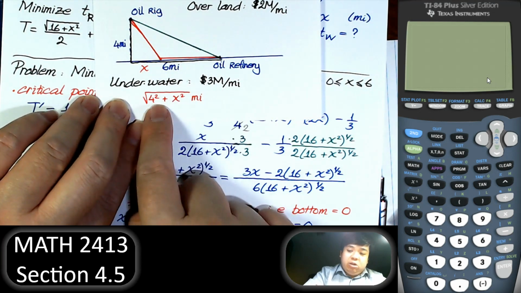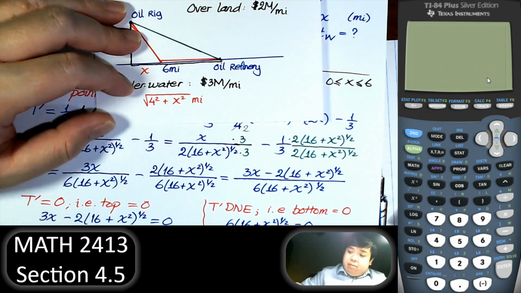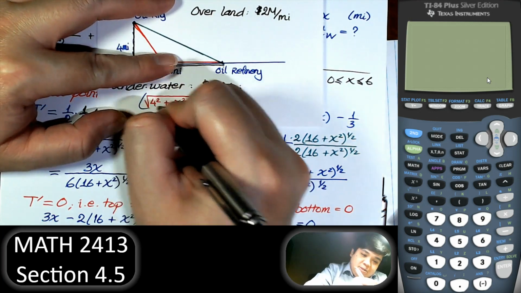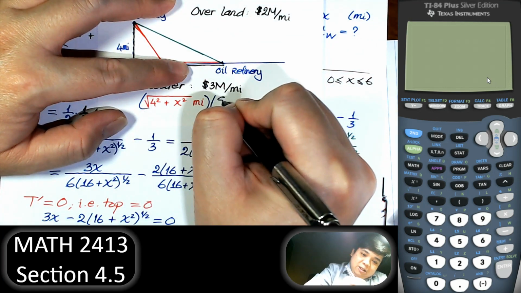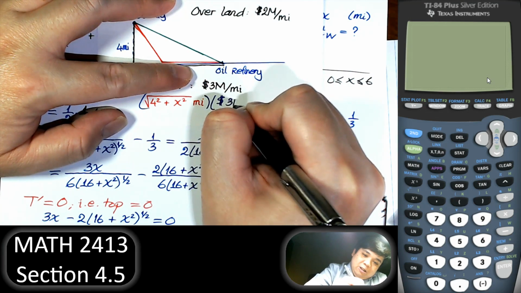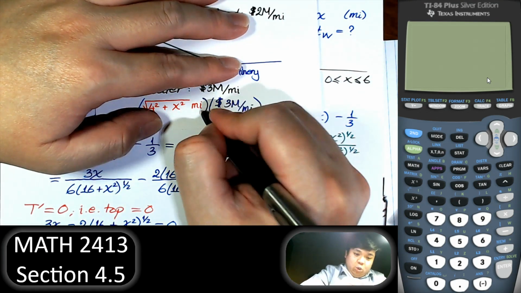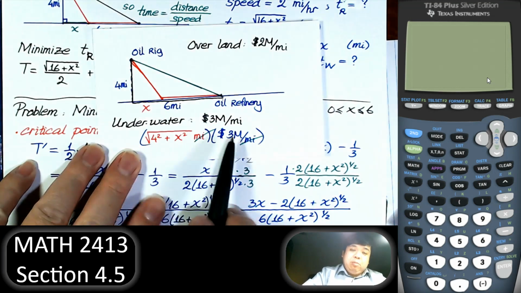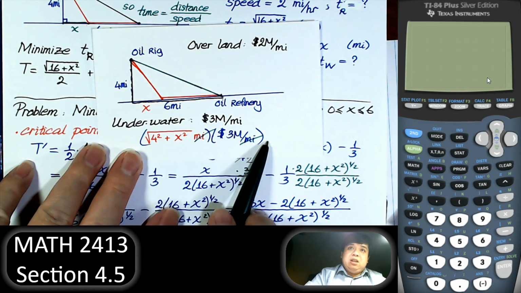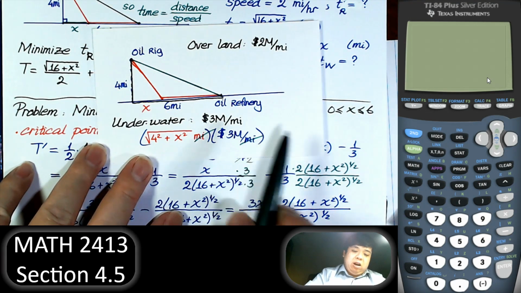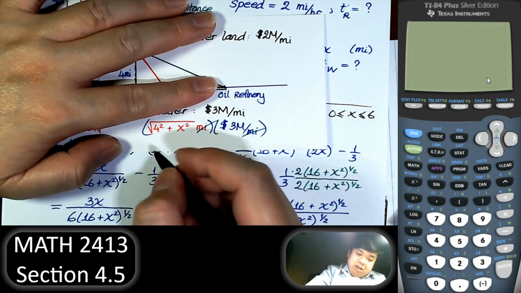Now, if it is $3 million a mile, how about if we multiply them, right? If we multiply them, the miles on top cancel with the mile at the bottom, and we end up with millions of dollars. So that is perfectly fine.